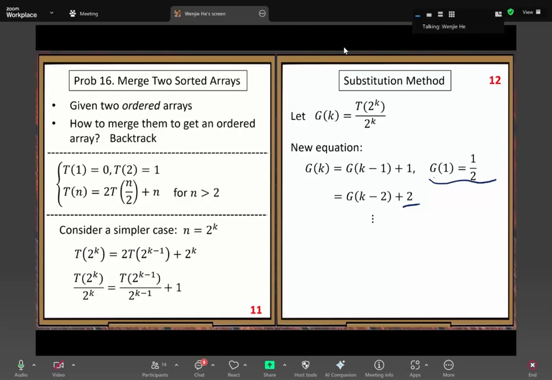and in the last equality, we want to use the initial value, g of 1. If g of 1 is here, what number should be here? That is a simple question. How do we answer that simple question? We encountered this situation a few times before.